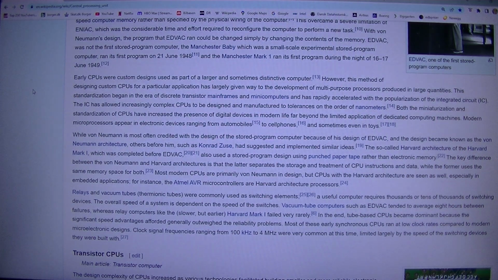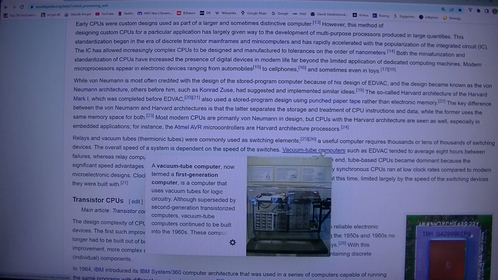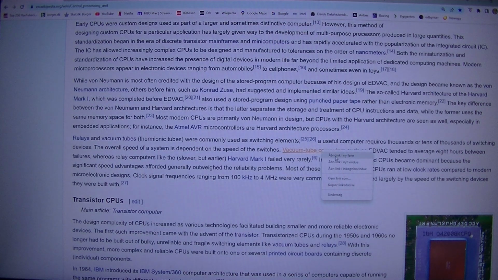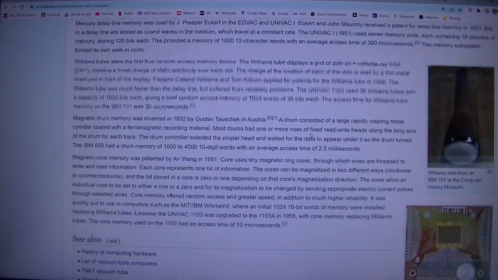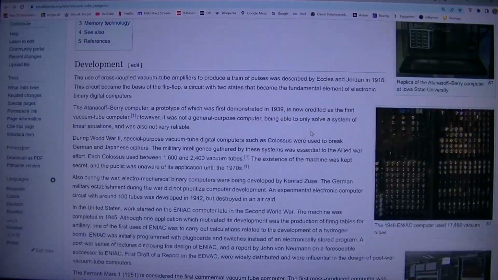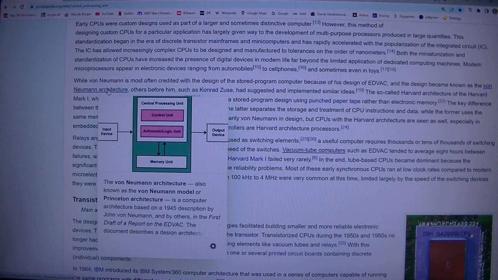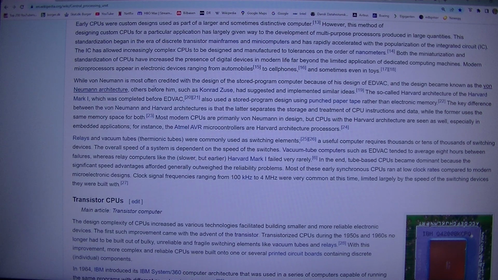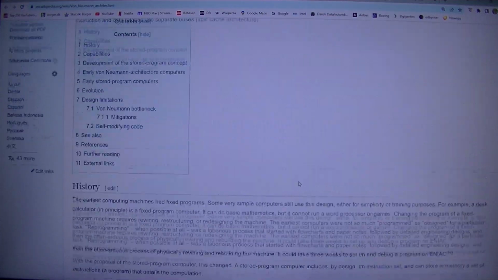But I have all this, what is vacuum tube computers. I have all that, vacuum tube computers. Let's just open a few. Von Neumann architecture, probably should have that after John von Neumann.